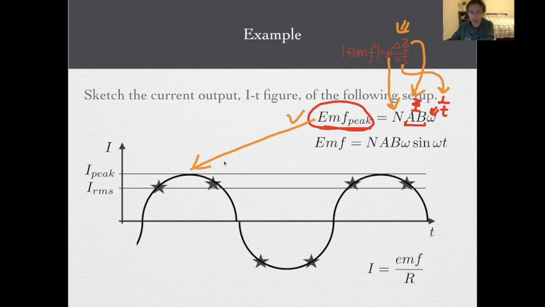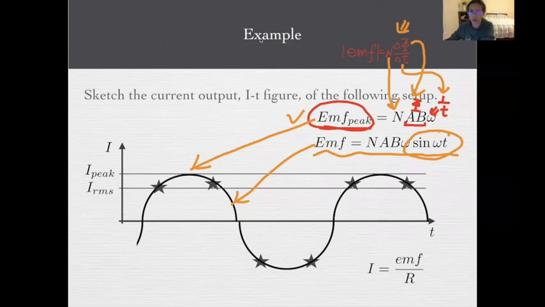In general, the EMF for the entire sine shape can be described by this one. Basically, I just add sine omega t to describe it. Don't worry about it. I'm not going to ask you to do tedious trigonometry about this. All you need to know is this, okay?